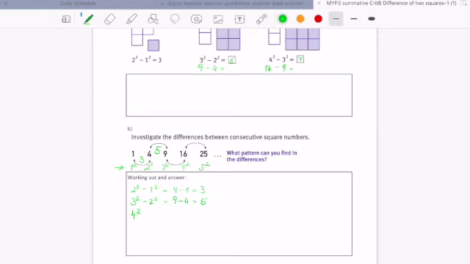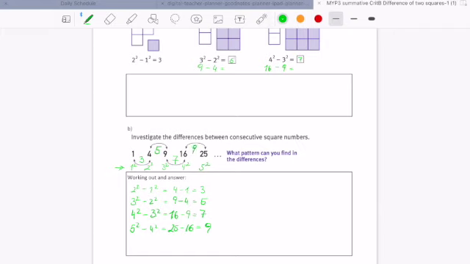Next, 4 squared, take away 3 squared is the same as 16, take away 9, being equal to 7. So that's that third difference here. And finally, we have 5 squared, take away 4 squared, being equal to 25, take away 16, being equal to 9.